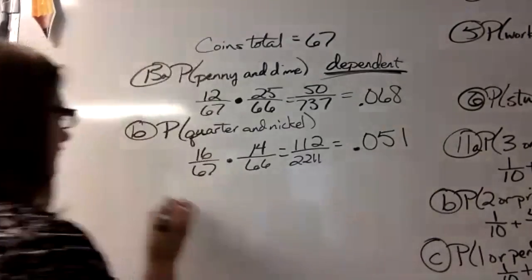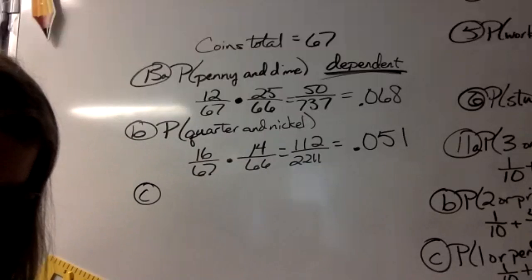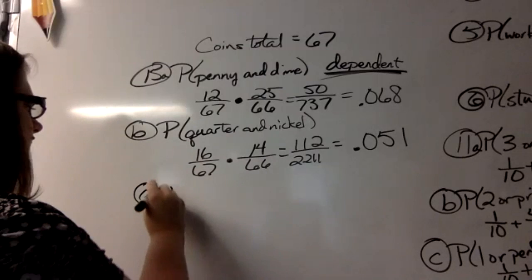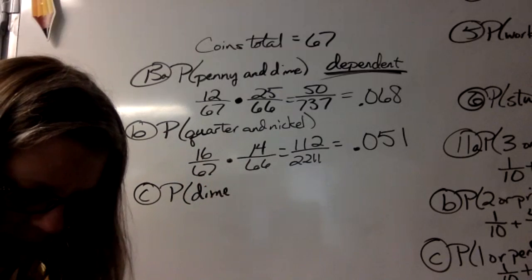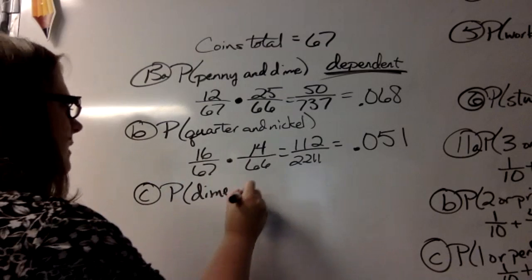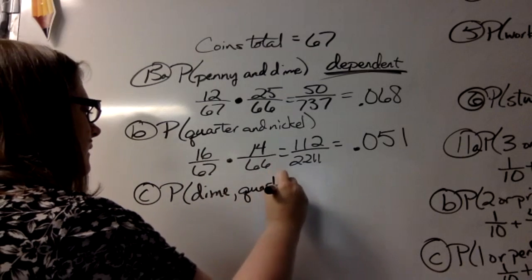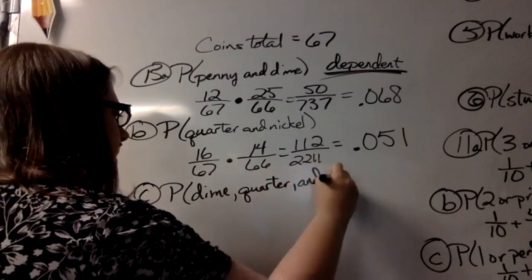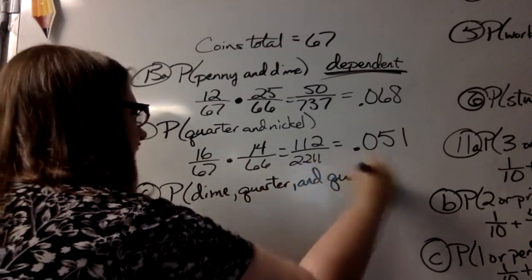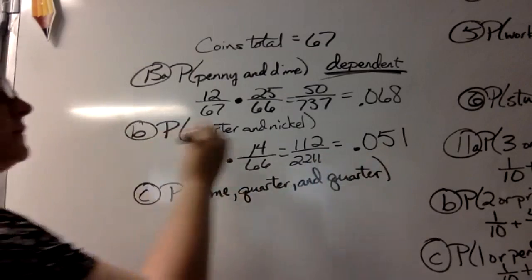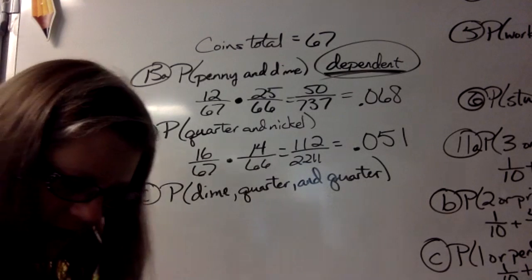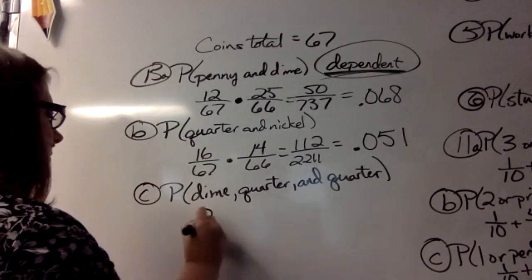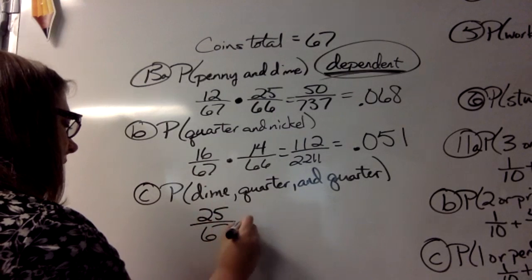Let's do C. C says a dime and then 2 quarters without replacement. So I have dime, quarter, and quarter. Again, all of these in number 15 are dependent because they're without replacement. We're not putting them back in. So my chances of getting a dime, he had 25 dimes out of the 67 coins.